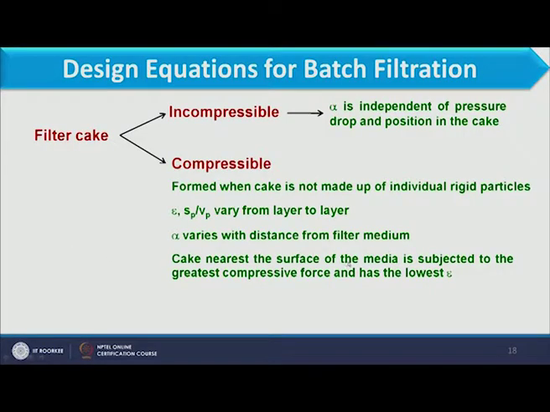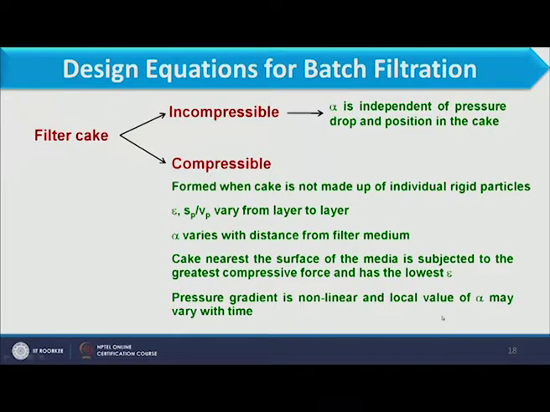Now the cake nearest the surface of the media is subjected to the greatest compressive force and has the lowest epsilon, as we have already discussed, because the slurry is coming from this side, so all particles available in the cake compress the initial layer. So obviously voidage would be minimum at the media, and it should be maximum when we are considering the slurry.